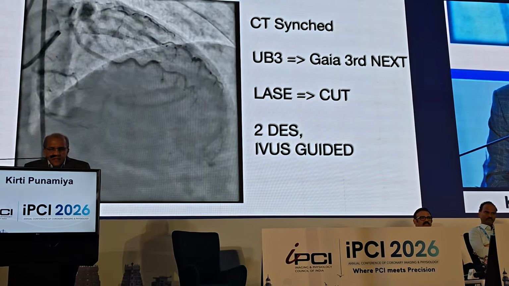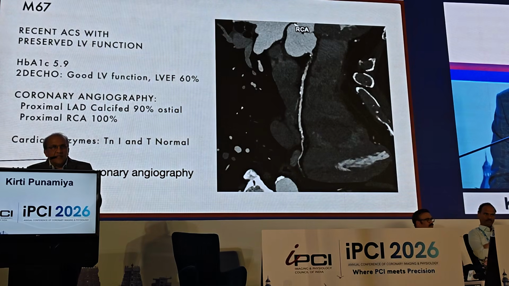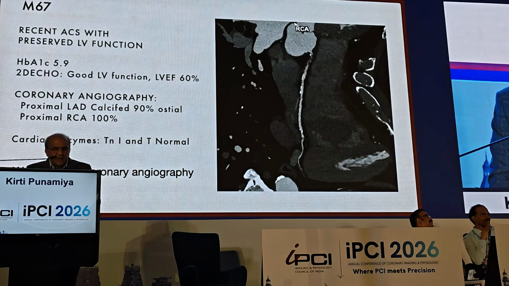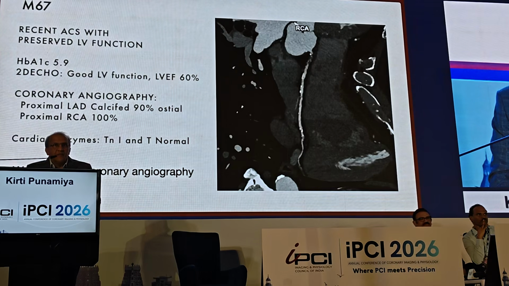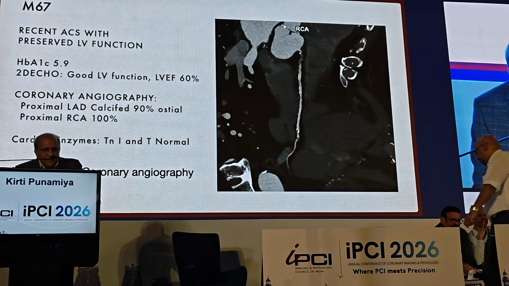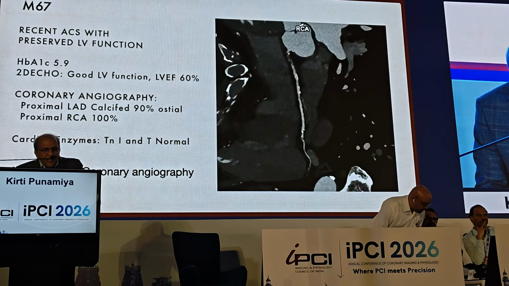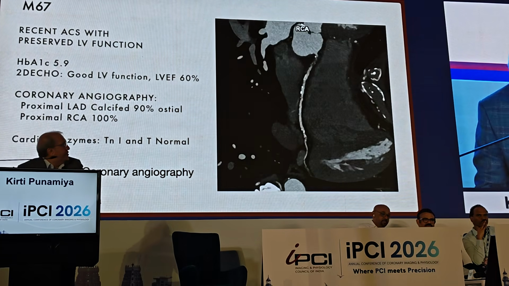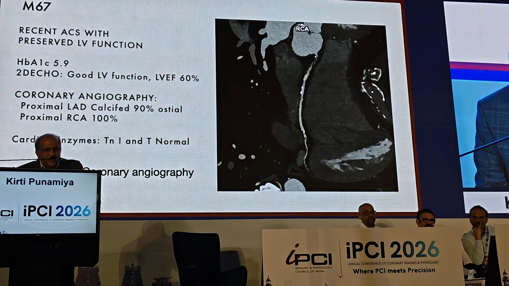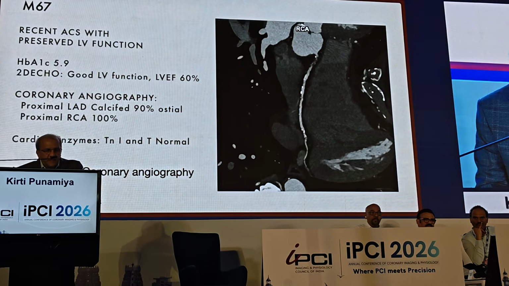Coming to our last case is this 67-year-old with recent ACS, preserved LV function, and we got a CT coronary done, and this is his right coronary artery. You can see very close to the ostium, you can hardly see a little of that proximal origin of the RCA.